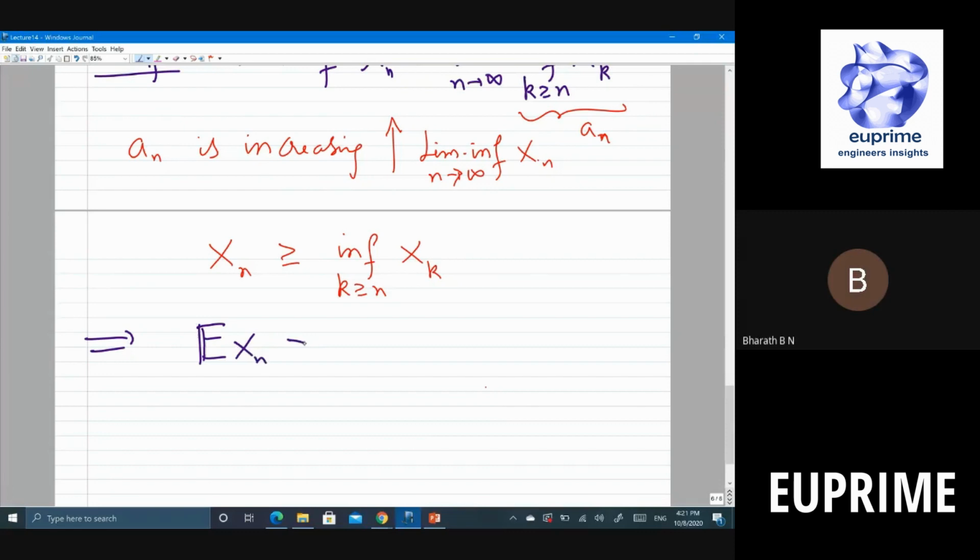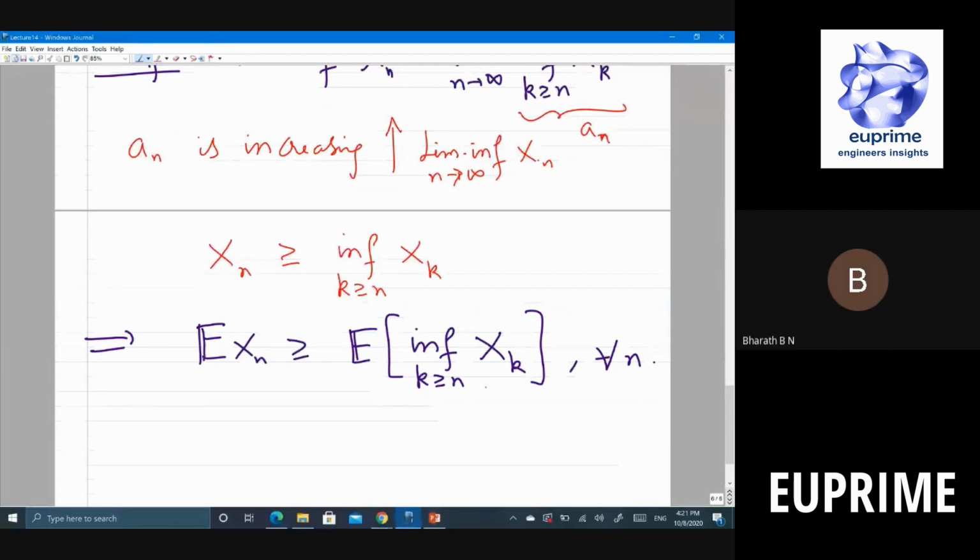the expected value of xn is greater than or equal to the expected value of the infimum over all k greater than or equal to n of xk. Do you agree with this? This is true for every n, right? Yes, sir. This follows from the usual stuff.